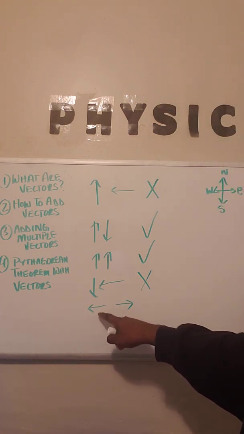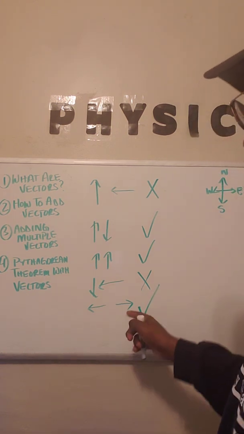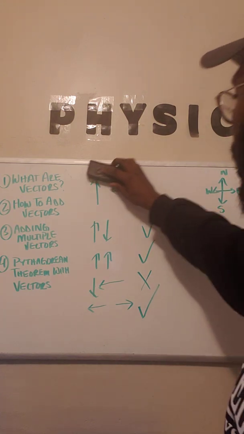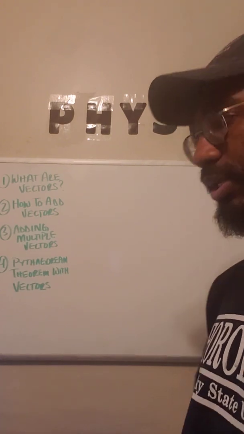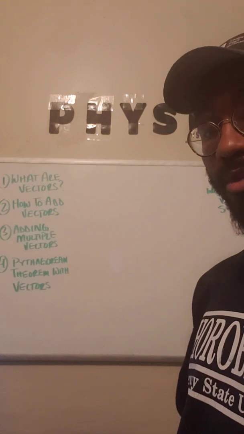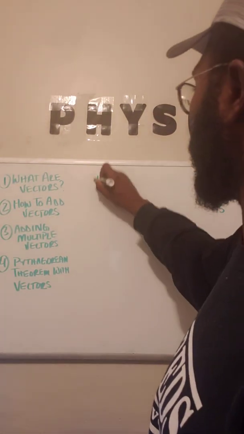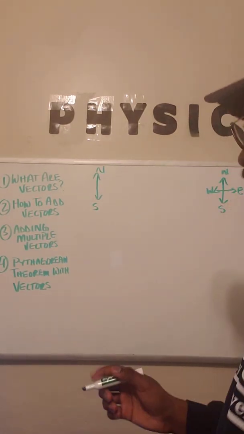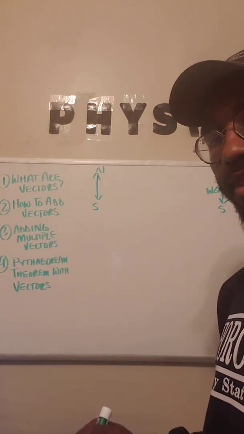And here we have a vector going west and a vector going east. We can add or subtract that because they are both along the same plane. Okay? All right. Now, let's go ahead and practice actually adding vectors together. So we know now we can only add them if they are along the same plane. So let's work with the north-south plane. If vectors are in the same direction, we add them together.